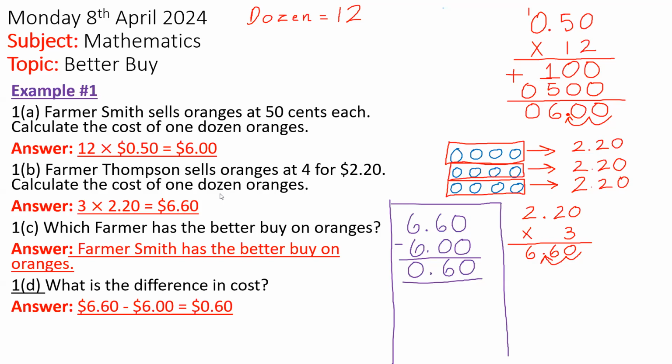So you'd multiply 3 times $2.20, which gives you $6.60. Which farmer has the better buy on oranges? Farmer Smith has the better buy on oranges. What is the difference in cost? $6.60 subtract $6, which would give you 60 cents.